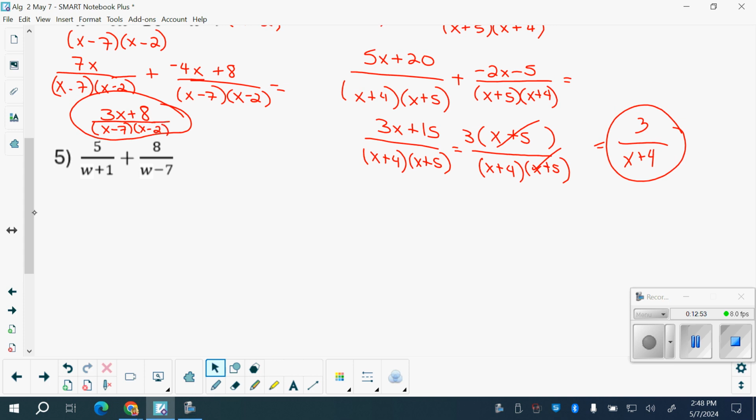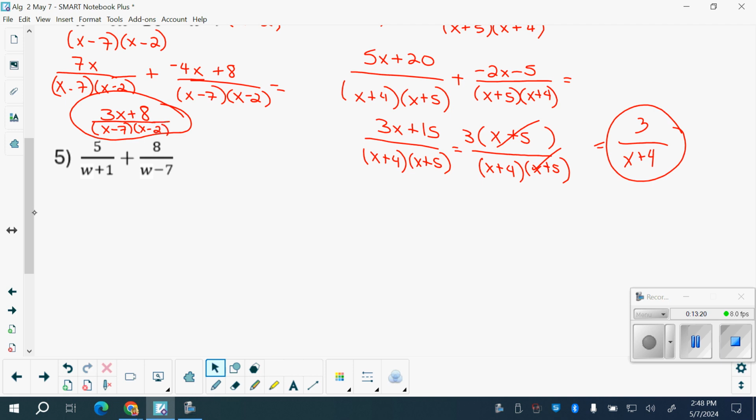Is there any way we could get those denominators the same as is? So I could not multiply w plus 1 times something.